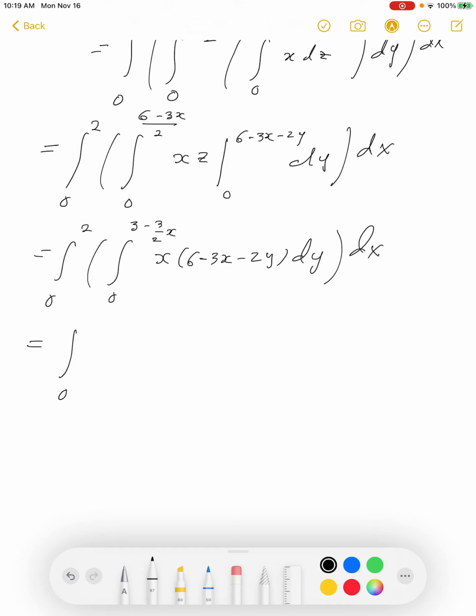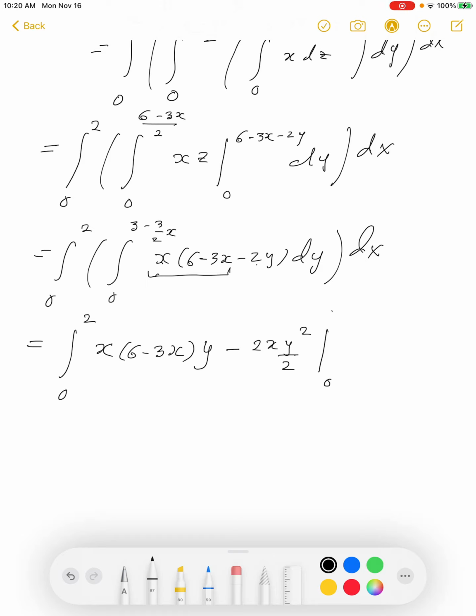So this is integral 0 to 2. Now you can see that 6 minus 3x times x is independent of y. So this I will write separately: x times 6 minus 3x times y, because you are integrating this function, which is independent of y. And then you will have 2 times x, and the integral of y will be y squared by 2.